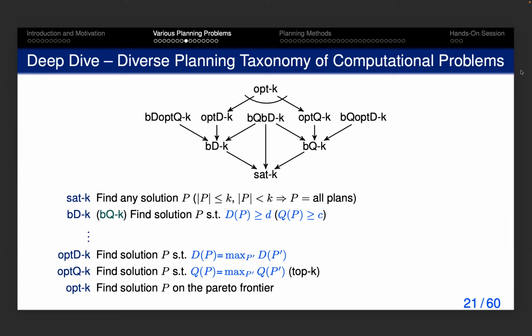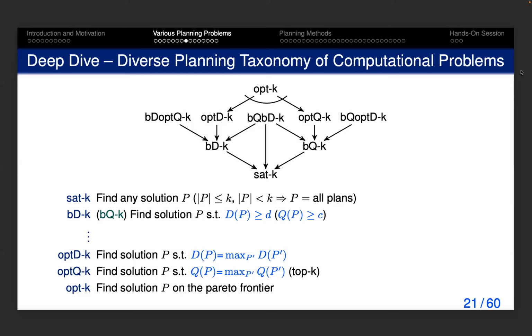So we have here optimally diverse planning, or sometimes they are bounded on one dimension. So this is bounded on quality and also bounded on diversity. So this gives us all of these computational problems under diversity, and the arrows here are set inclusion. So for example, in the Pareto optimal one, which is at the top, if you found a solution to this problem, because we have this edge, it basically means it's also a solution to this and this problem.